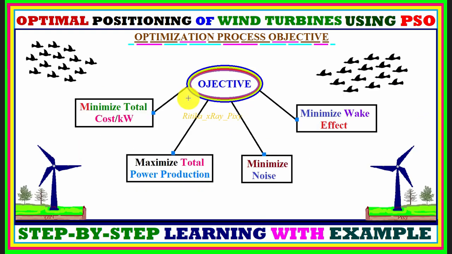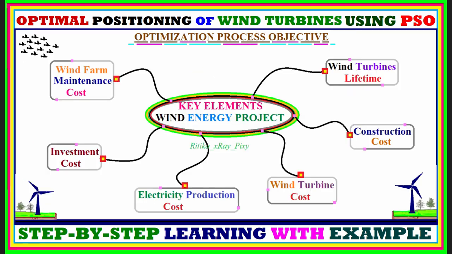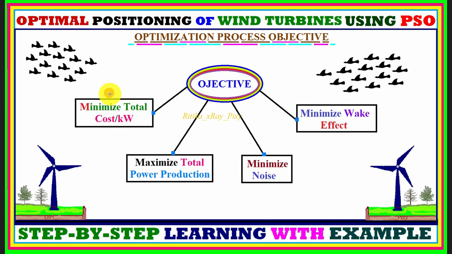Now we will try to understand the objectives for wind energy projects. So first objective, we have how we can minimize the total cost per unit. Next one, this is the prime objective, how we can produce maximum power energy at lowest unit cost.